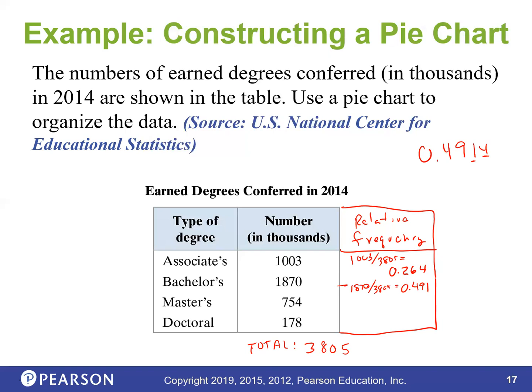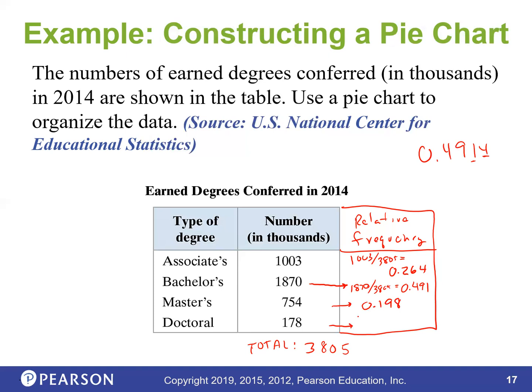Yes. I just drew an arrow saying that's right there. All right. Anybody give me 754 divided by 3,805? 0.198. Okay. Love it.